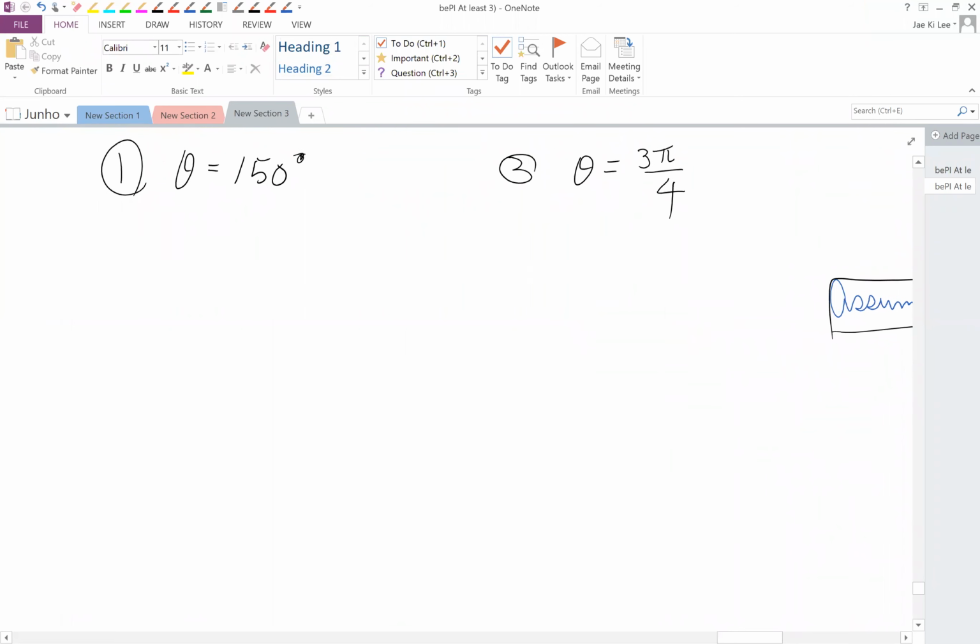So think about these two angle values first, and then I can give you more questions later. I'm going to assign 10 minutes to figure out the 6 trigonometry values based on theta equals 150 and theta equals 3 pi over 4.